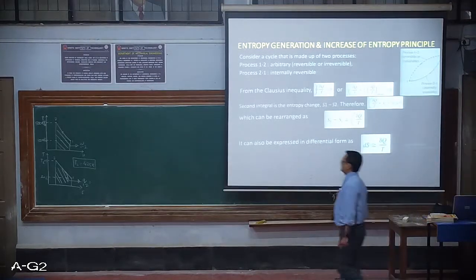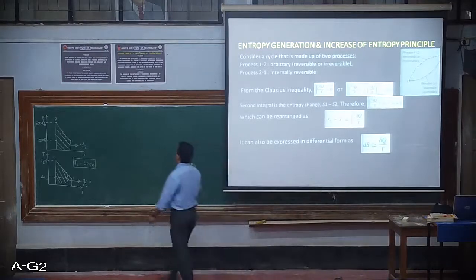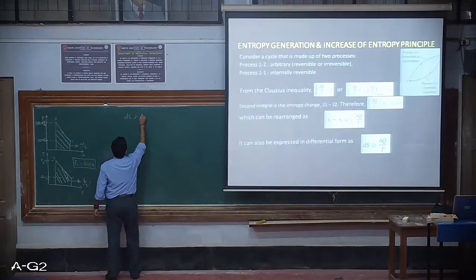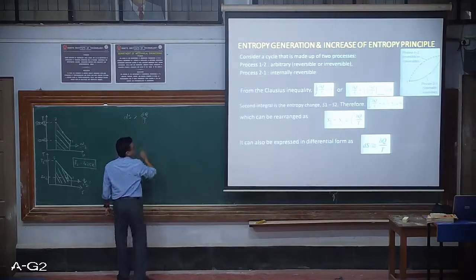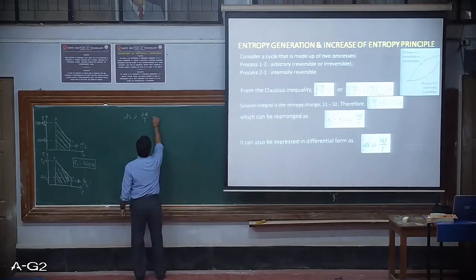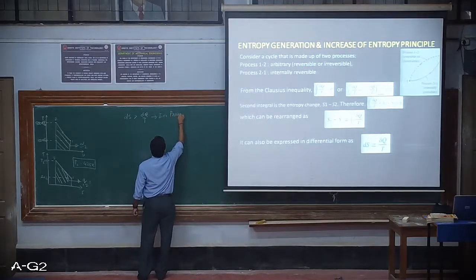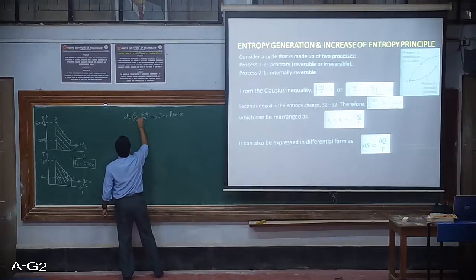Now here, before we conclude, let me draw a line that ds is greater than delta Q by T is always for an irreversible process, which is called an inequality.